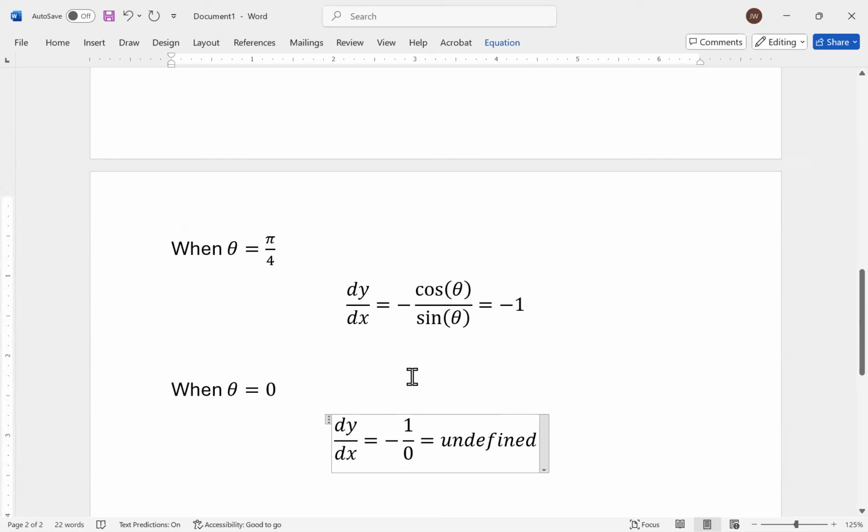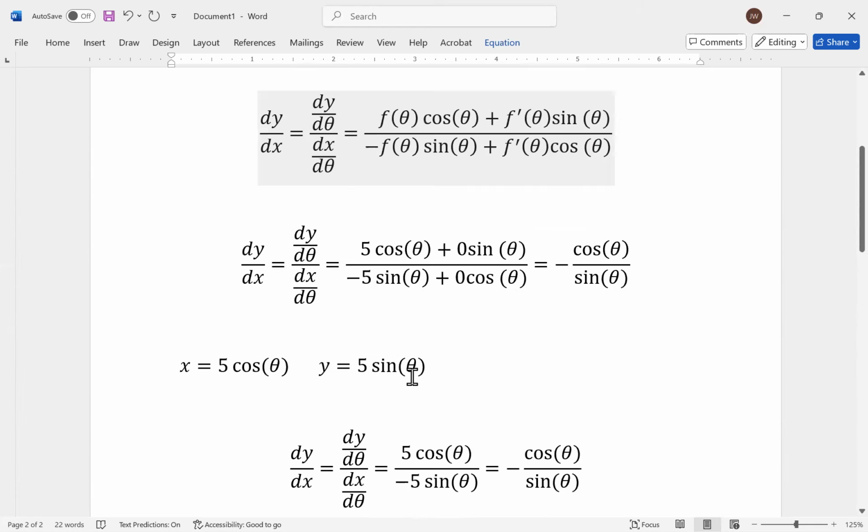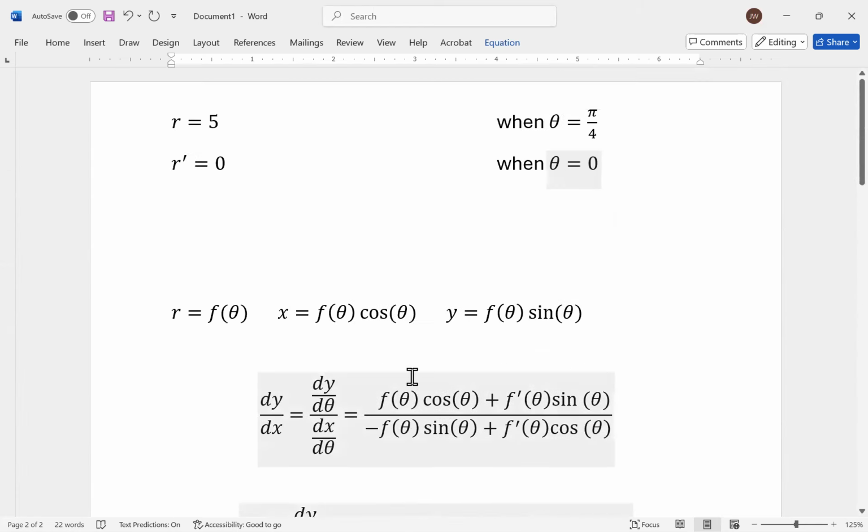Let's take a look at this idea here. Let's take a look at these two. The graph of the original function, which we know is a circle of radius 5, and then what's happening when theta equals pi over 4, and what's happening when theta equals 0.